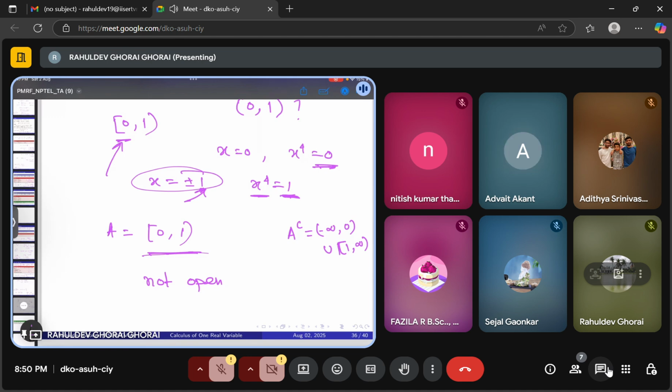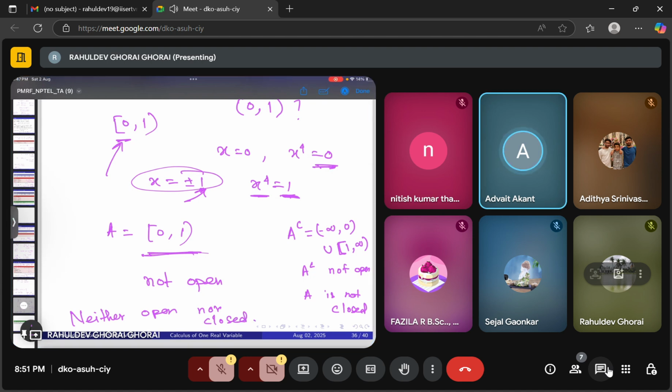Since 1 is included here, the complement cannot be open, so A is not closed. So this is one set which is neither open nor closed. Do you understand this? Yes.